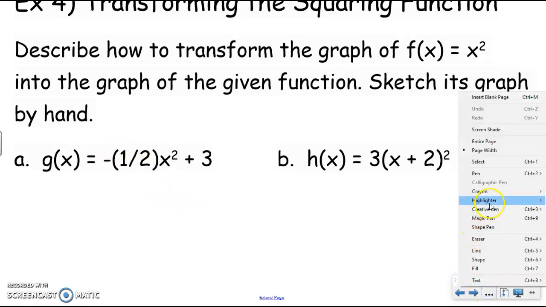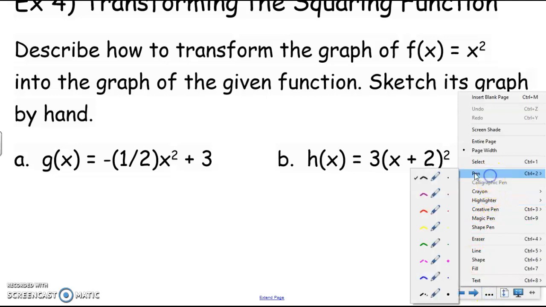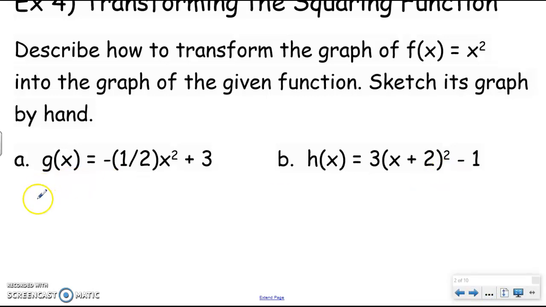Some of you did not get a 2.0 on your quiz because you didn't actually describe the transformation. So I want you to tell me that there's a vertical shrink by 1/2. It is reflected about the x-axis.